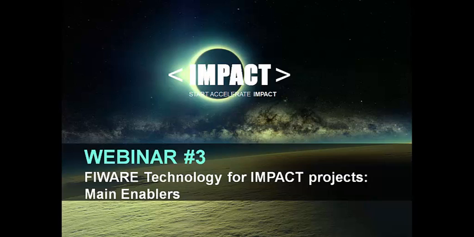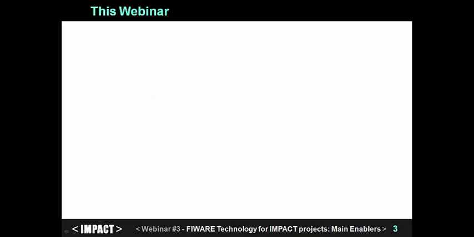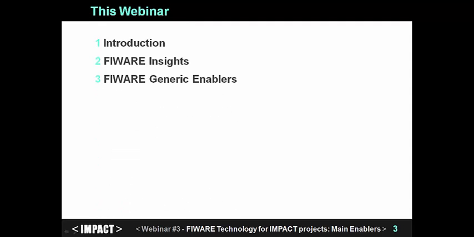Of course, this webinar will be followed by others which will keep up to date the concepts that we're going to talk about now. This is the structure of the information I wish to present you with today. It follows what I just introduced. So first, a little introduction. Then we'll see the FIWARE Insights. We'll go into some details about the FIWARE generic enablers.